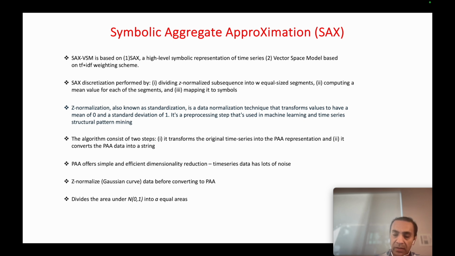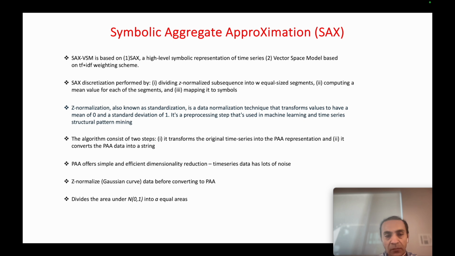One aspect of time series data is that when it is collected, it usually has a lot of noise, and that noise we tend to minimize when we analyze the data. We do this through the method called piecewise aggregate approximation, where we do dimensionality reduction or minimize the noise in the data.